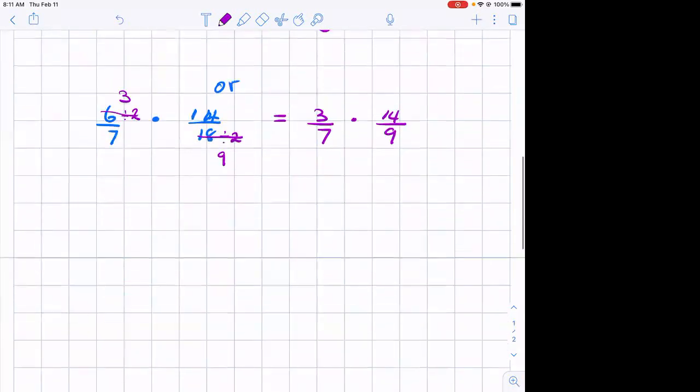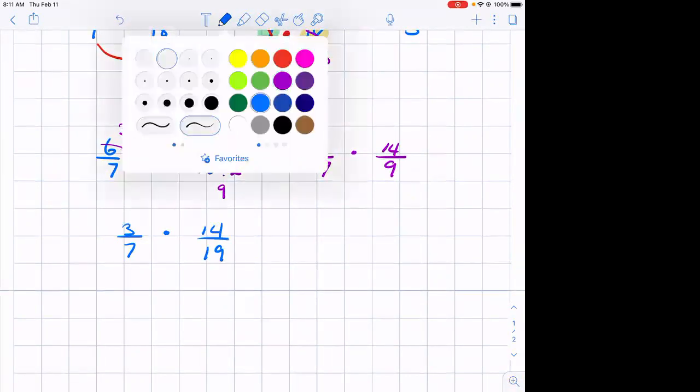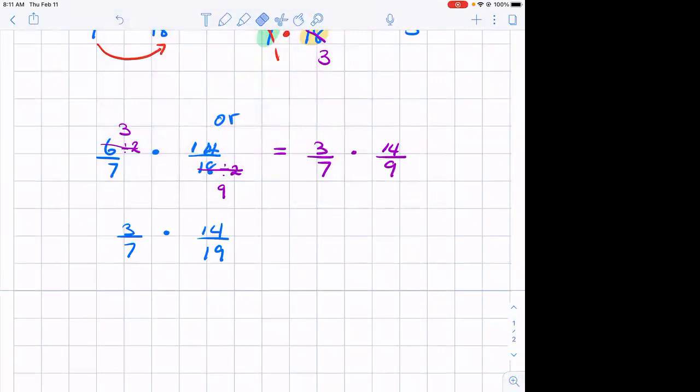Now, if you look at that again, 3 over 7 times 14 over 9, you can also divide here again by 3 and this by 3. And 3 divided by 3 is 1, and 9 divided by 3 is 3.